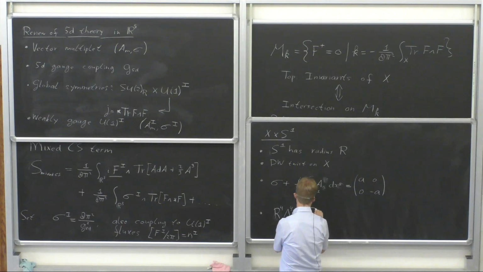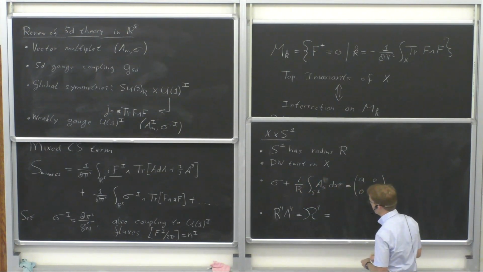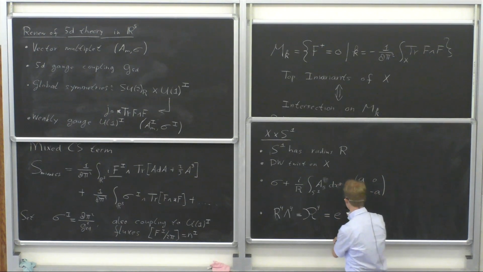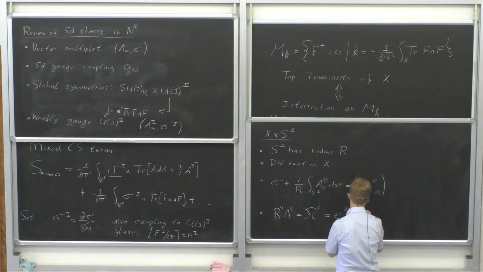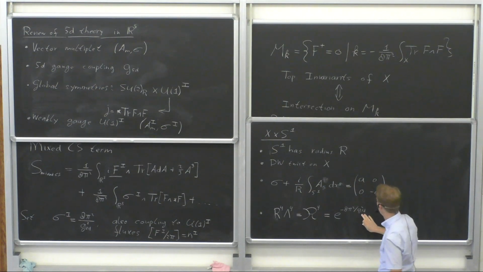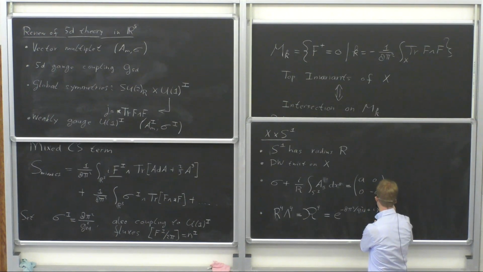We define it as curly R to the 4, which is dimensionless, and this is equal to this expression in terms of the 5D coupling, g_5D squared plus i A_I integrated over S1.